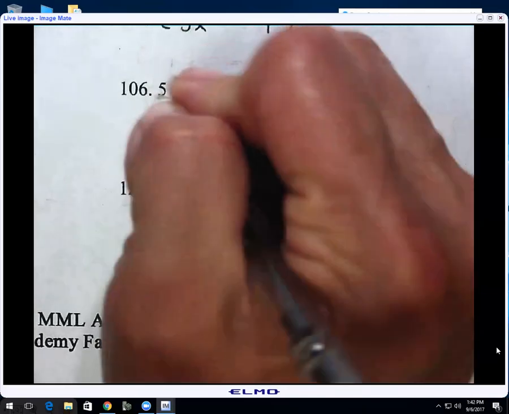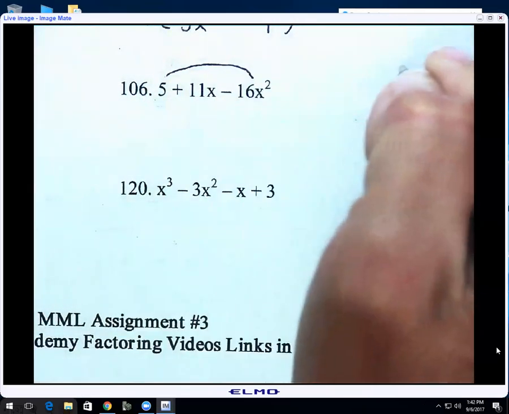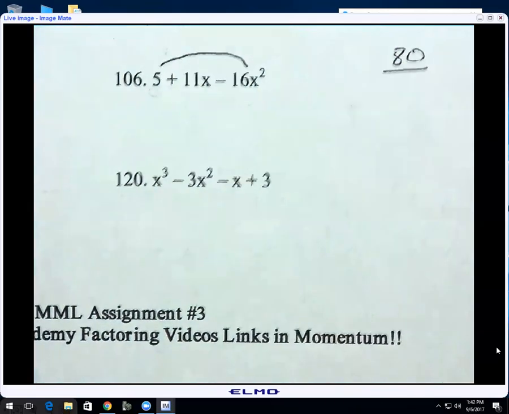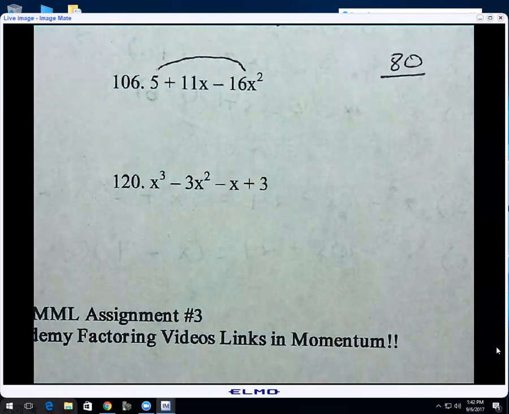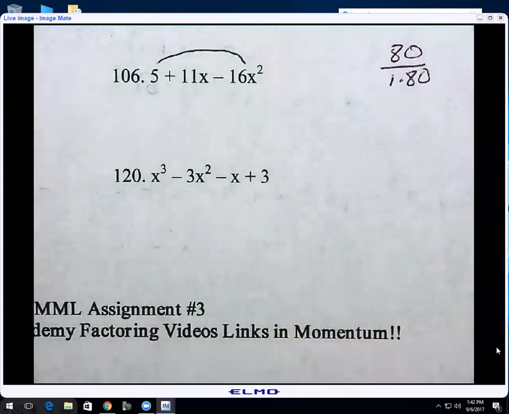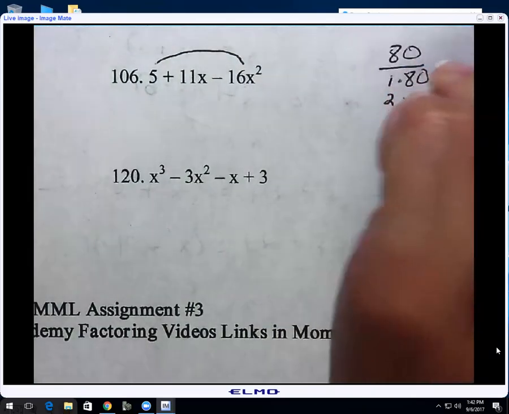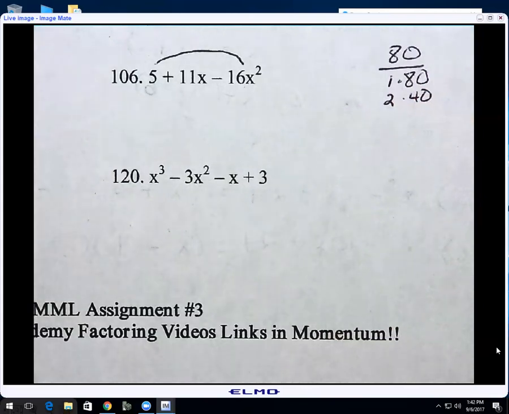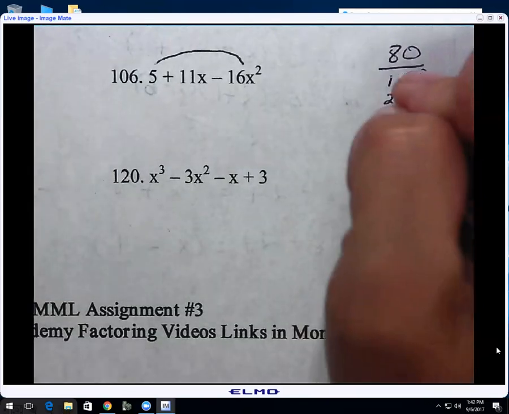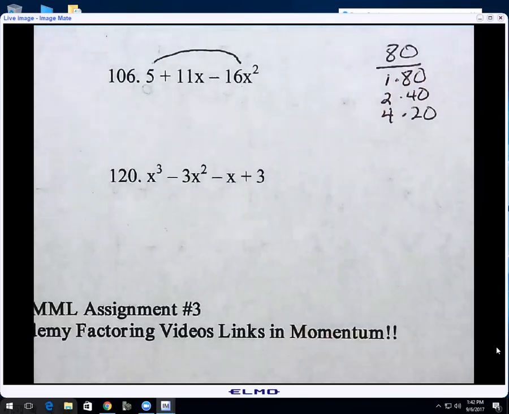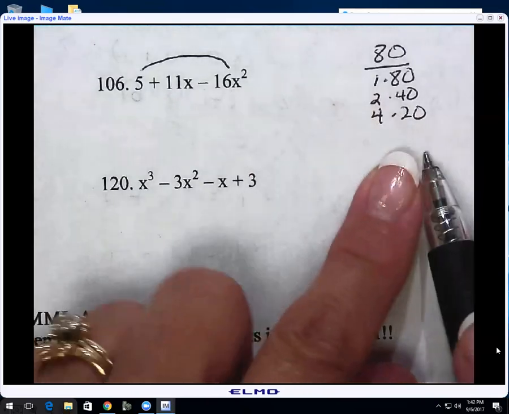So 106, I need factors of 80 that have a difference of 11. And if God whispers that to you, write it down, because he's usually right. But if not, you're going to have to go 1 times 80, that has a difference of 79, too big. 2 times 40, that has a difference of 38, still too big. 4 and 20, that has a difference of 16, still too big, but do you notice these differences getting smaller?